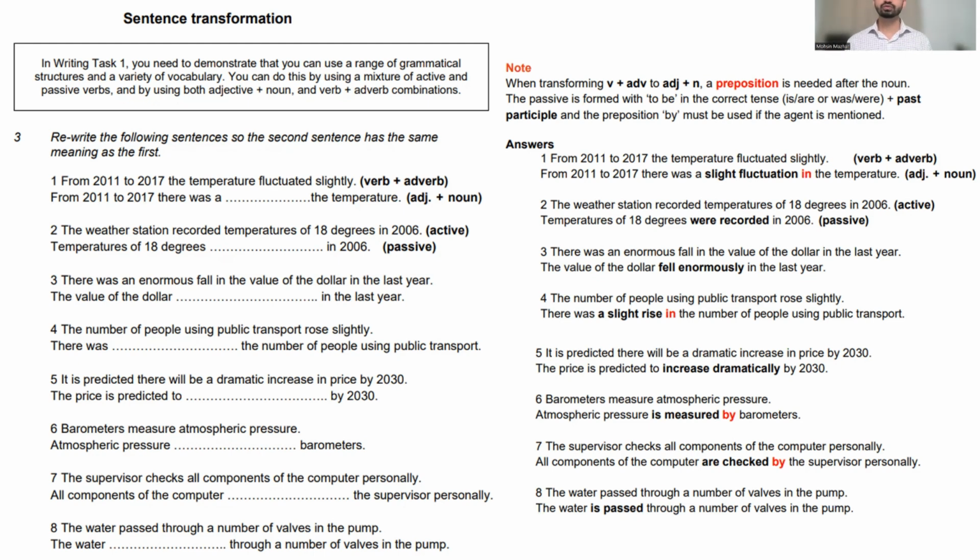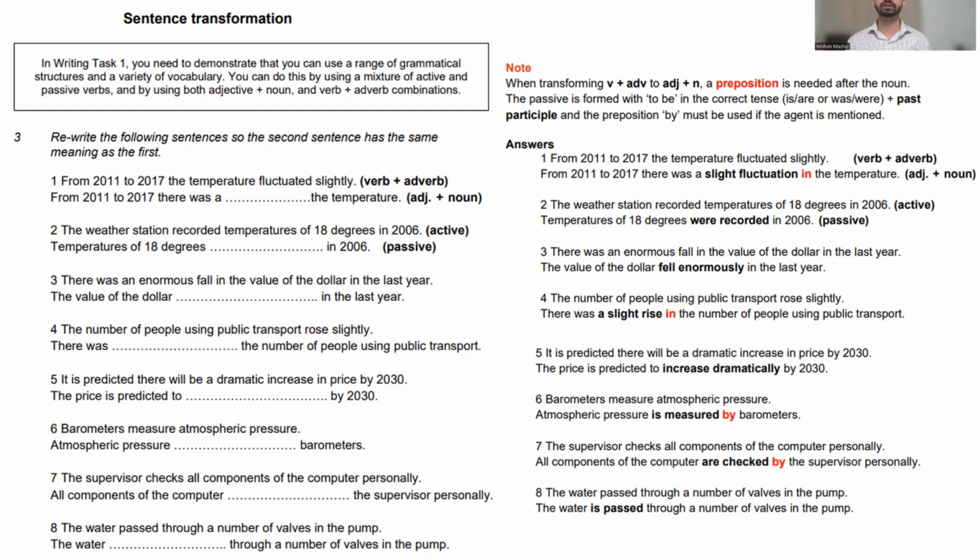Now in number 2, the weather station recorded temperatures of 18 degrees in 2006. That's the active form, active voice. When you're changing into passive voice, temperatures of 18 degrees were recorded in 2006, right? You could use by the weather station, but if you're not using the agent, if you're not using the subject, you don't have to worry about it.